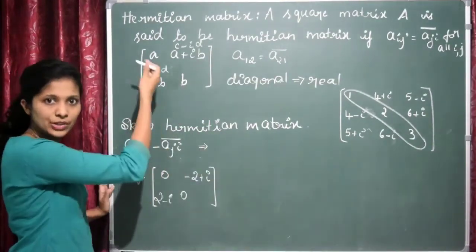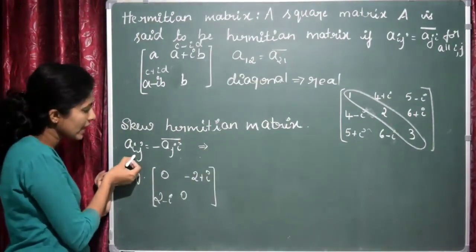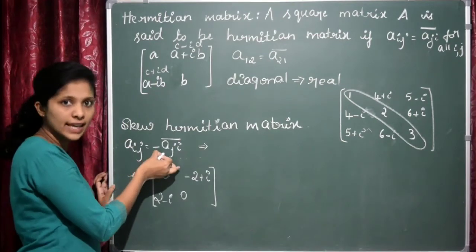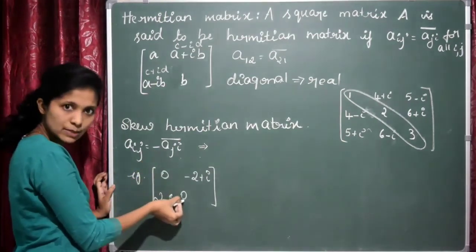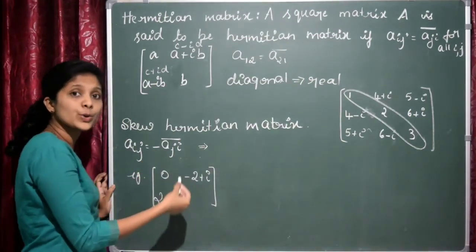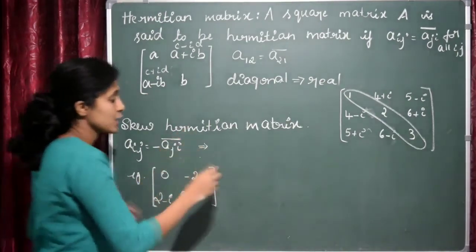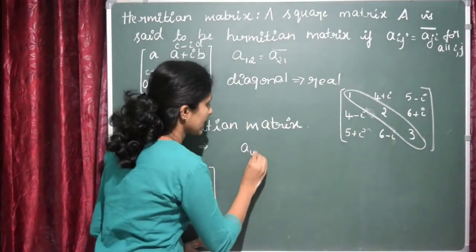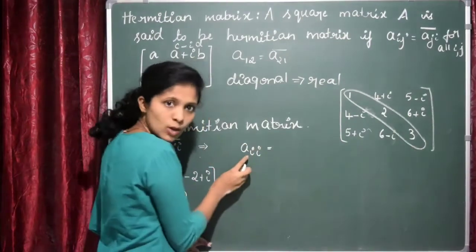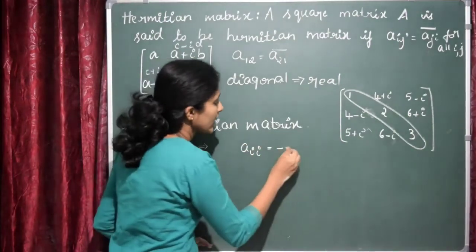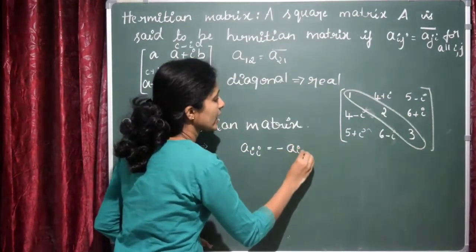Similar to symmetric and skew symmetric, here Aij should be equal to minus the conjugate of Aji. That is, the diagonal elements should either be 0 or purely imaginary. If I take the diagonal elements, where i is equal to j, Aii is equal to minus Aii bar.